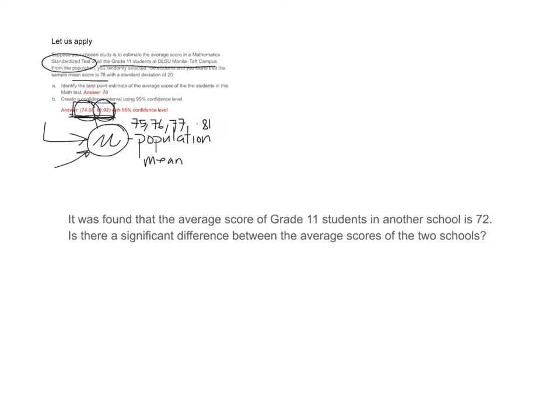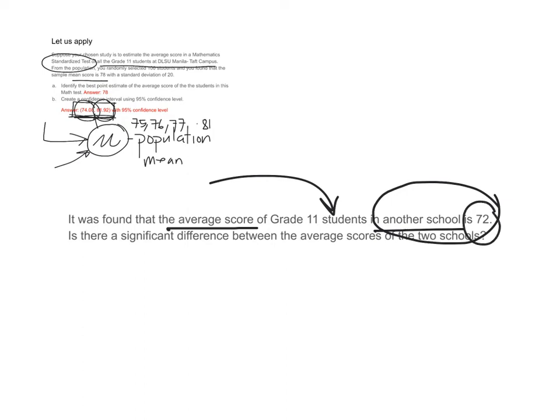Now there is another school whose students took the test. It was found that the average score, note this is not an estimated average score, this is the average score of all the students from that school. So they got all the scores, added them, divided by the number of students who took the test, and the value is 72.